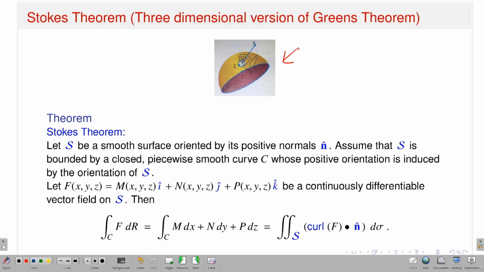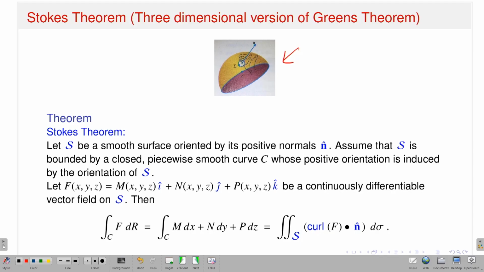Another way: you have a surface with a positive orientation, that means the unit normal is pointing in the upward direction. Now if I use the right hand thumb rule, that means you put your thumb along the direction of the unit normal pointing upward, then the curling fingers give you the direction of the boundary.